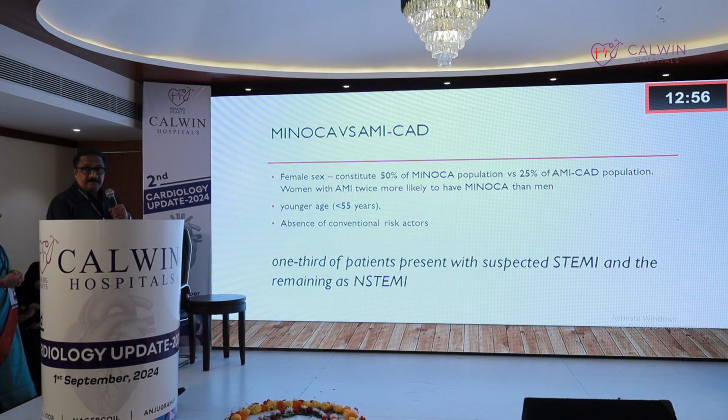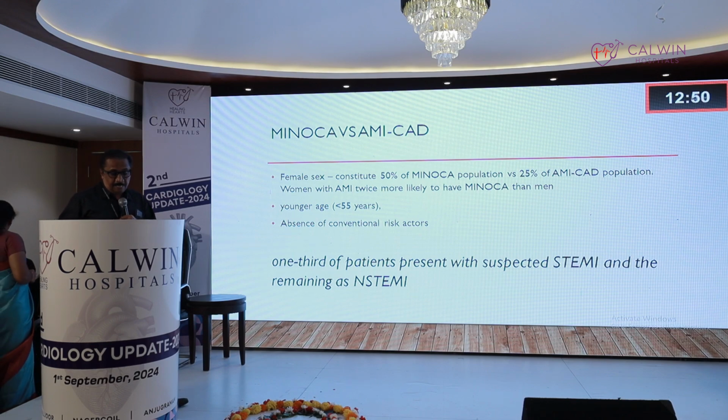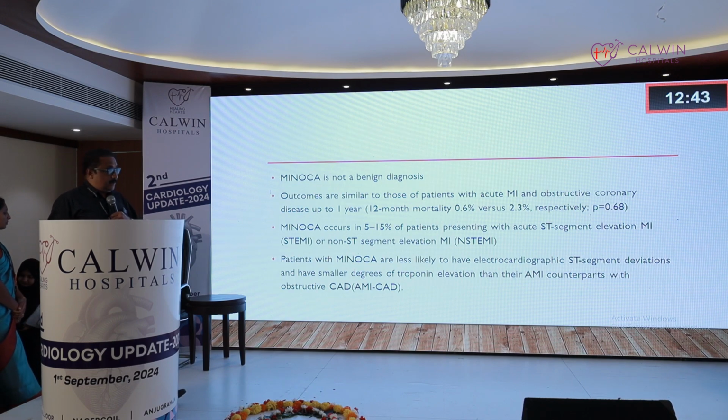It is seen more often in a younger age group, and very often you don't find the conventional risk factors in these cases. One third of patients present with STEMI, while the rest present as NSTEMI. Most important to remember, it's not a benign diagnosis, and some studies have shown that 12-month mortality is similar, with no significant difference in the p-value.